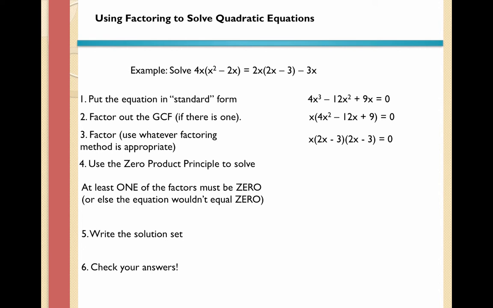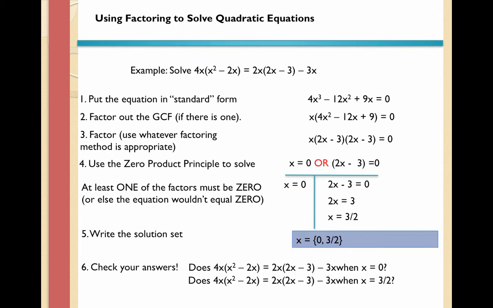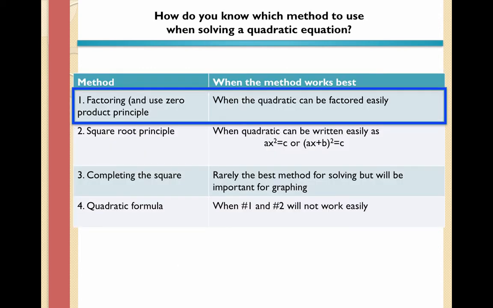So 2x minus 3 is just going to get us to one solution. So we're just looking at x is equal to 0 or 2x minus 3 is equal to 0, which means we only have the two solutions, 0 and 3/2, and check your answers.